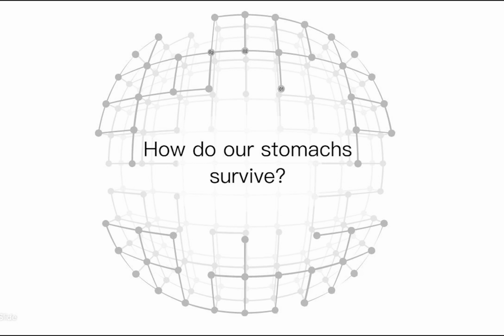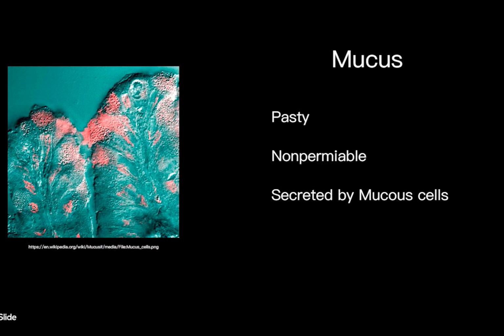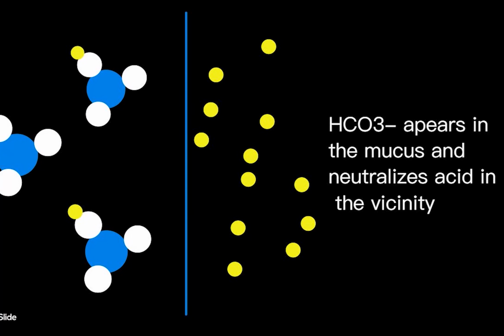The answers can be a little bit complicated. Firstly, the inside cells of the stomach are well protected by a layer of lipid-rich, non-permeable mucus, which shelters the cells from direct contact with gastric juice. Bicarbonate ion is secreted and trapped in the mucus, and it can help neutralize the acid in the vicinity.